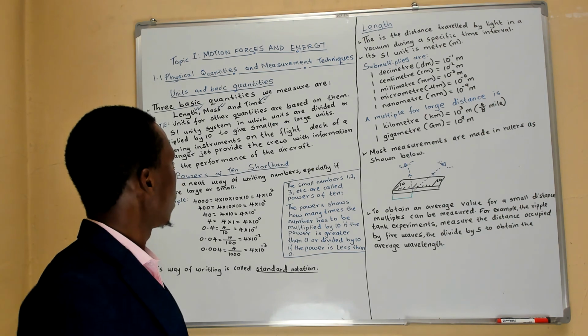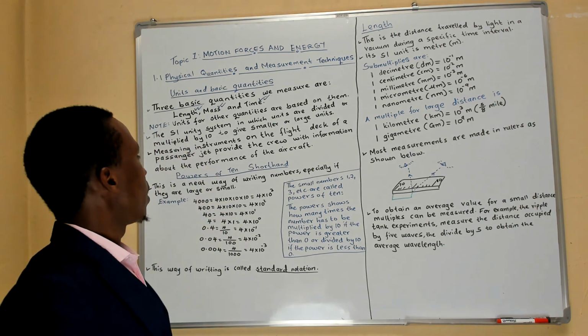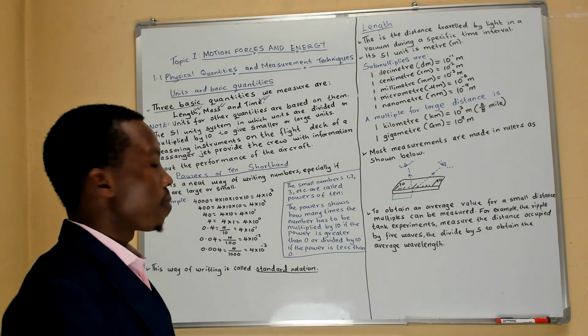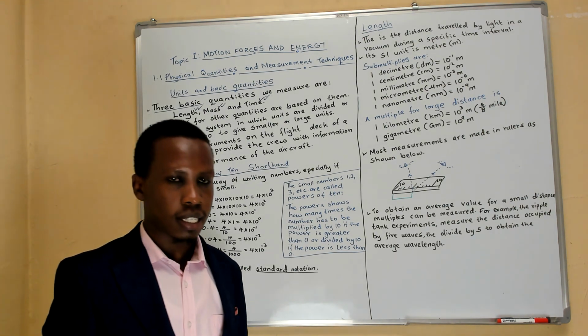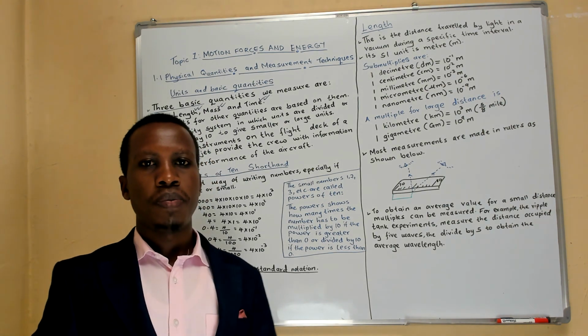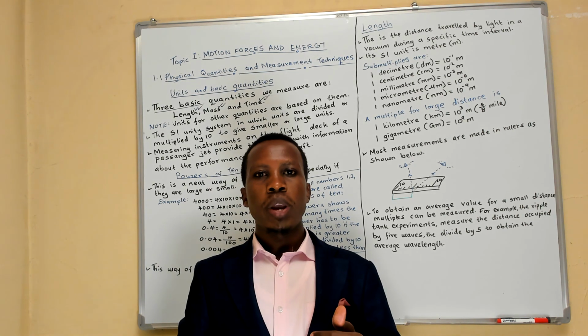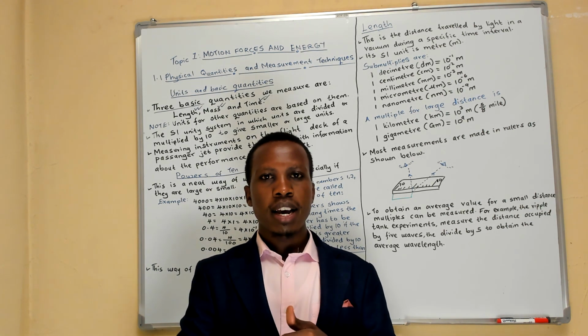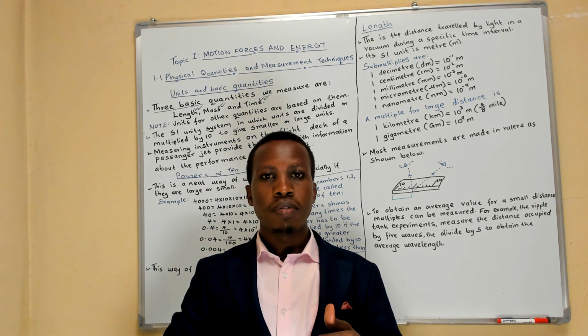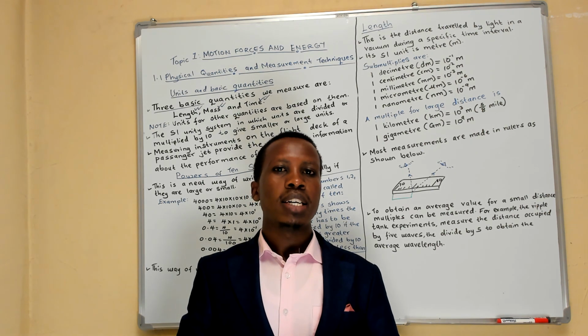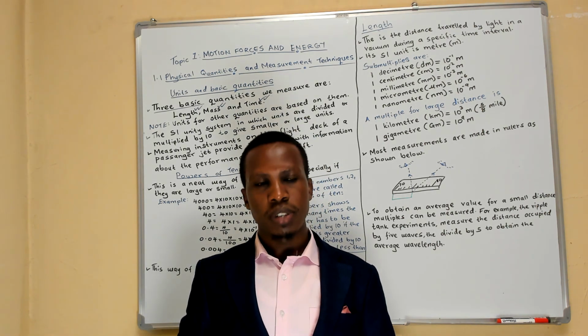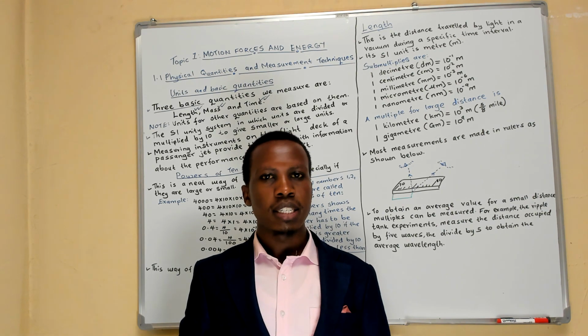For example, length is measured in meters. From meters itself, we are able to find area, volume, and any other units. Let's talk about density.